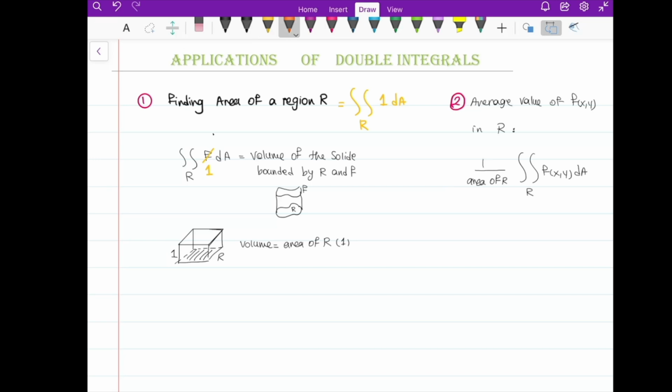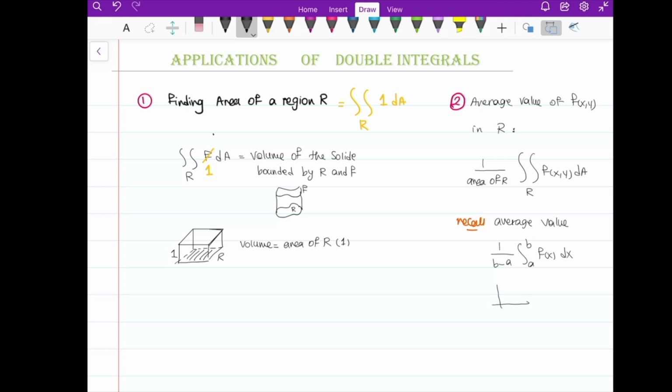Let me give you just a small recall that the average value of a single variable function would be 1 over b minus a, the integral from a to b of f of x dx.